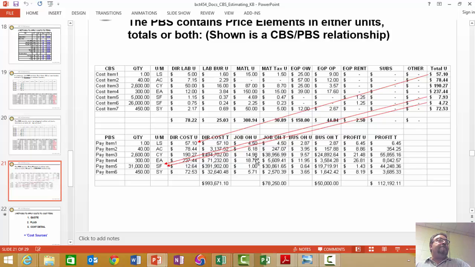Okay? Those are general conditions, typically things that are time related. What types of things will we put that are time related in general conditions or job overhead? All right, temporary toilets, the Big Green John.